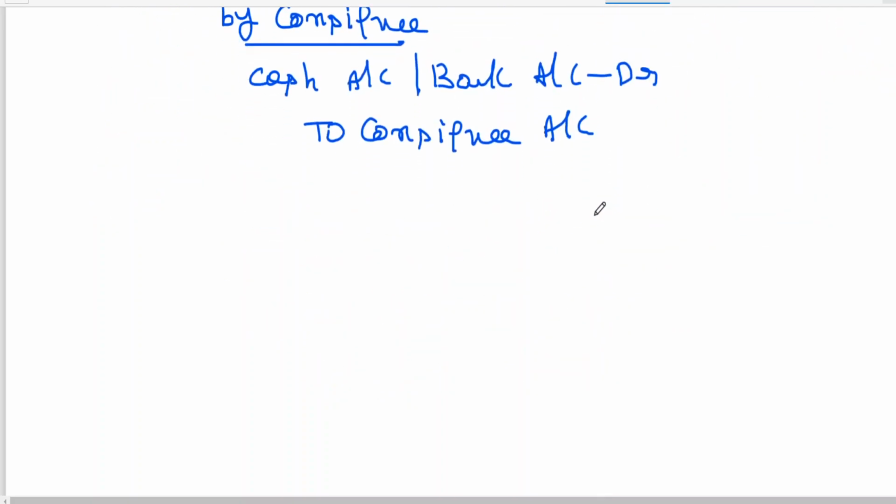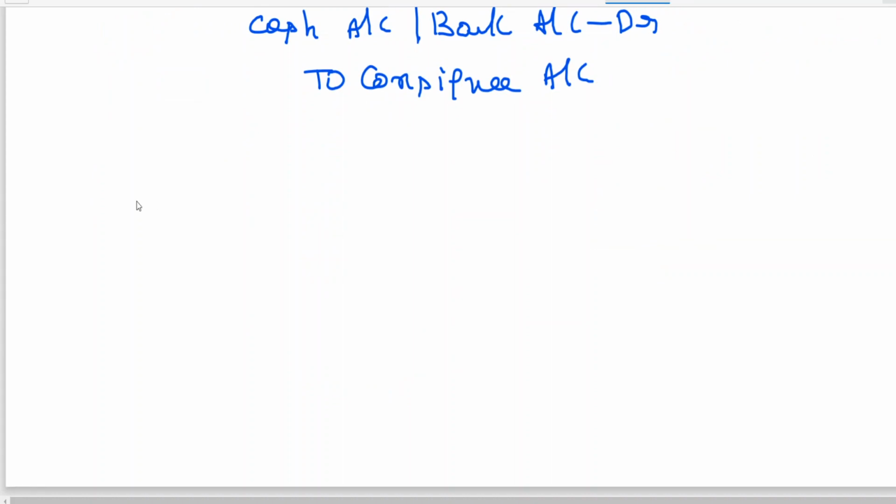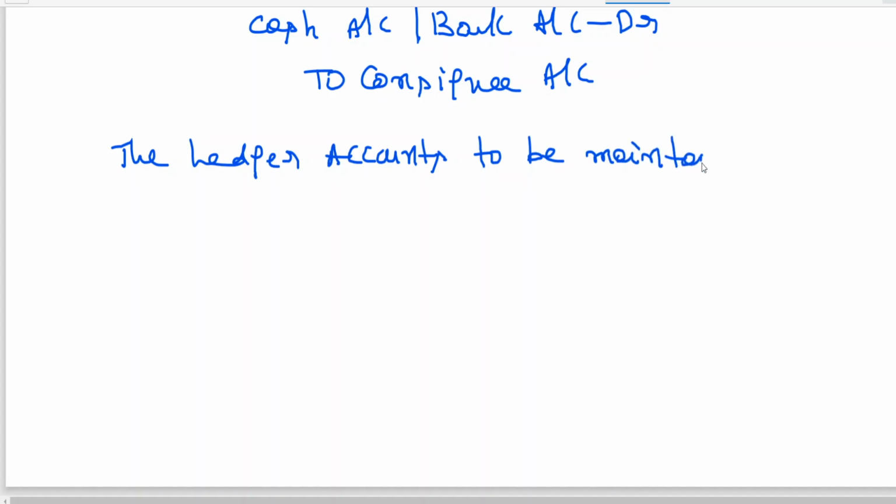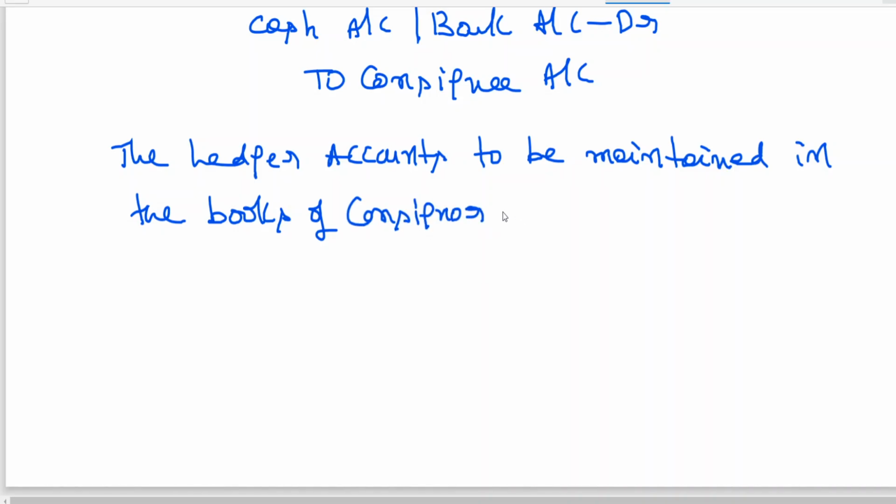So now, to have clarity, the ledger accounts to be maintained in the books of consignor are as follows. Number 1, consignment account.